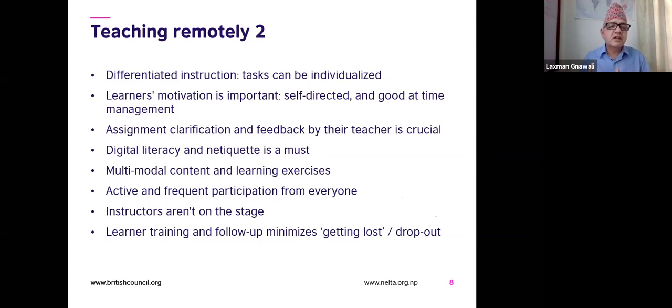Then we can differentiate the instruction. I mean, slow learners, average learners, and fast learners, or auditory learners or visual learners. So the task can be individualized, so learners can have their own pace, own sort of engagement in the task completion. There's one challenge though.